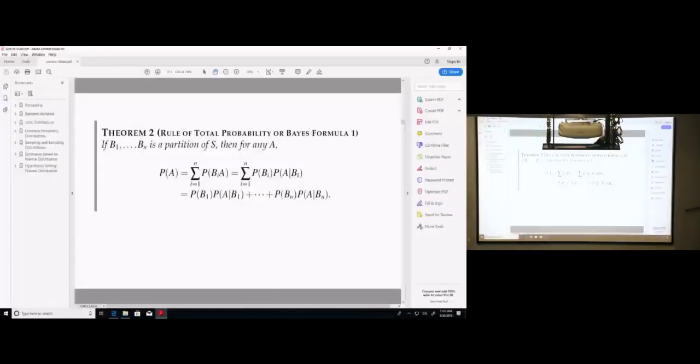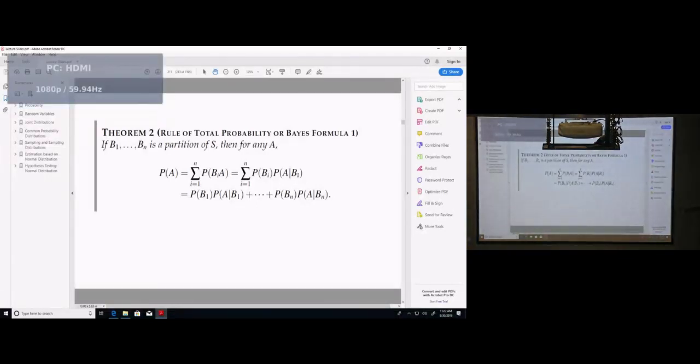Is that all right? Once you have this, the notation is without the intersection sign, so this will be this, and so here I have this, and this is just the multiplication rule.